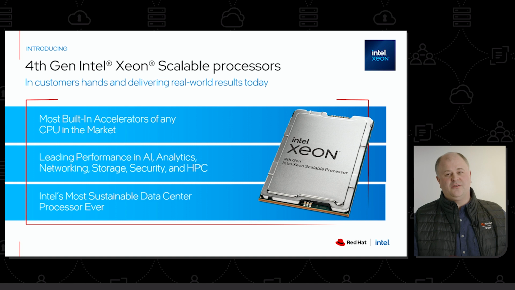We just launched the 4th Gen Xeon processors, delivering to customers a range of features for managing power and performance, making the optimal use of CPU resources to help achieve their sustainability goals. Unlike any other data center processors on the market, and already in the hands of customers today, the 4th Gen Xeon family greatly expands on Intel's purpose-built, workloads-first strategy and approach.